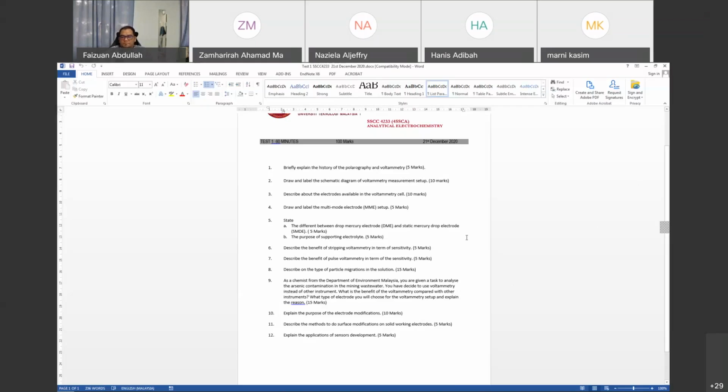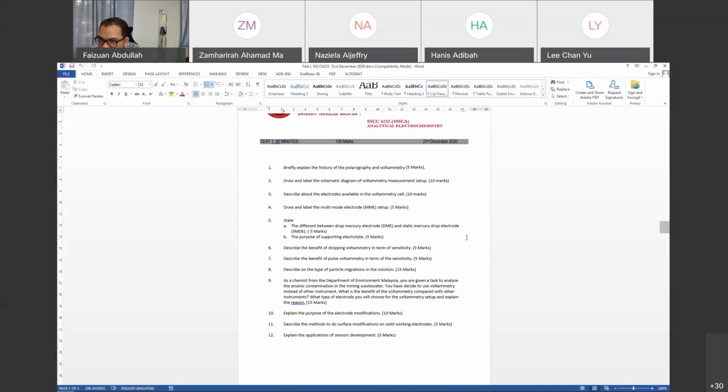Yes, Doctor. Okay, how the supporting electrolyte increase the sensitivity? It decrease the migration of the ions so that the charge does not get what lah? Ulang balik.